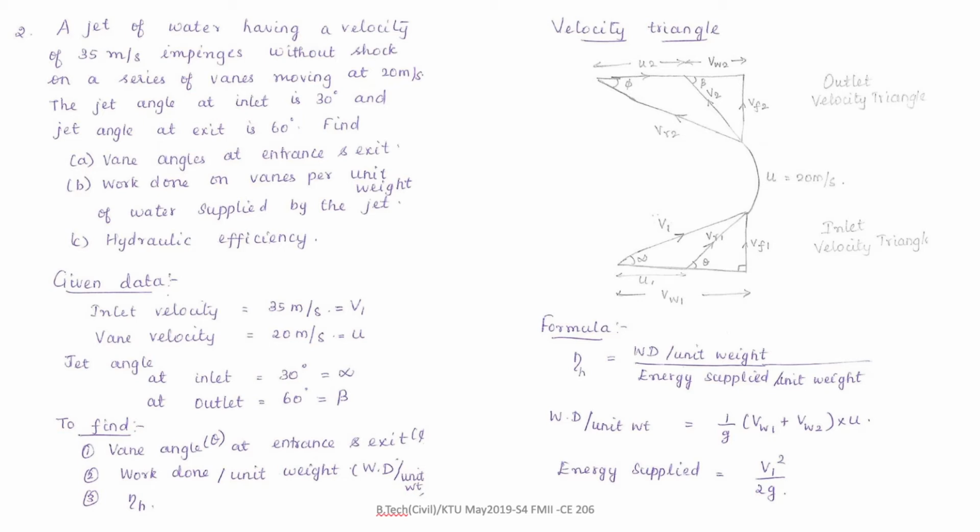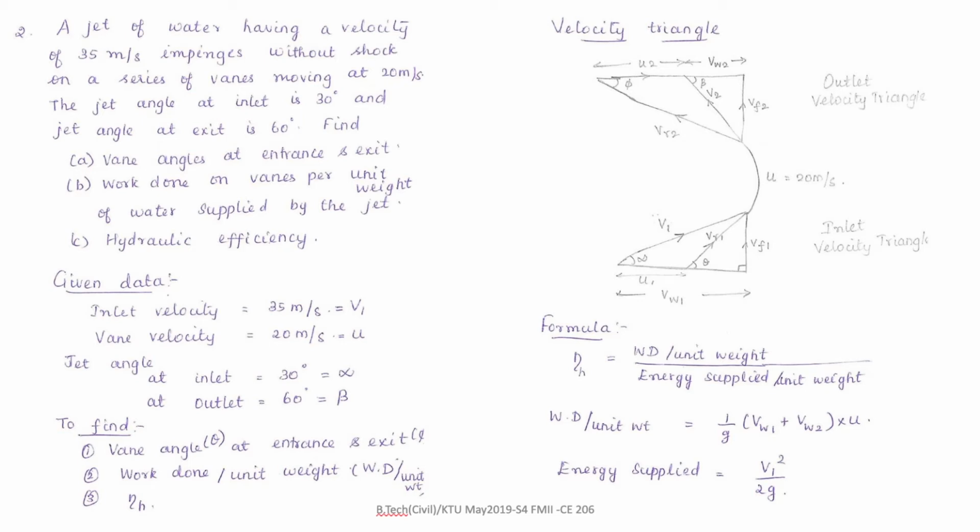What is the opposite side? Vf1 divided by VR1. You can use cos theta. Cos theta is equal to adjacent side divided by hypotenuse. So here what is the adjacent? VW1 minus U1. So cos theta is equal to VW1 minus U1 divided by VR1.